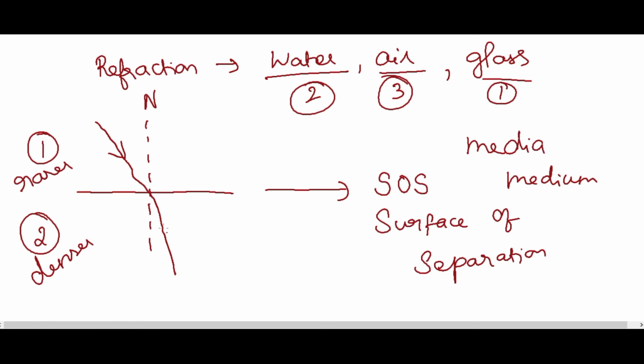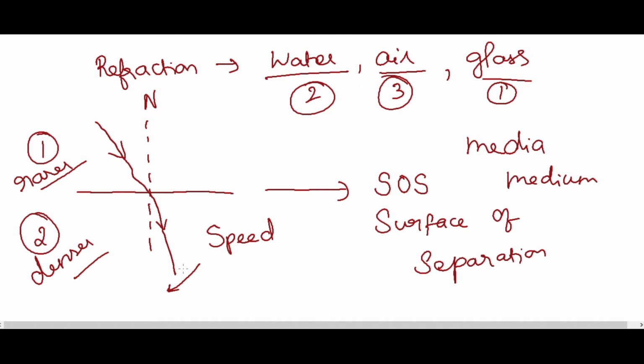Why is it like this? Very important question you can expect in the board examination. Why is it bending towards the normal? It will bend towards the normal only when the light ray is traveling from the rarer to the denser medium. In the rarer medium, the molecules are loosely packed when compared to the denser medium. So in the denser medium, the speed of light gets reduced.